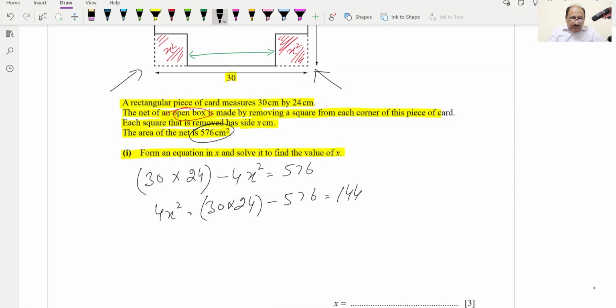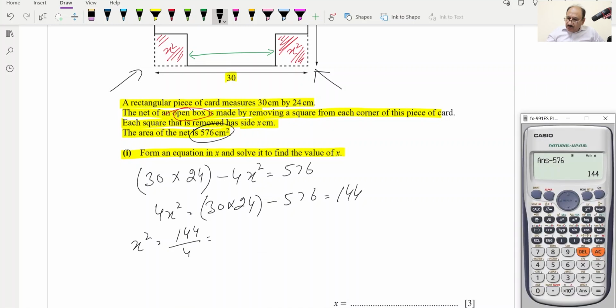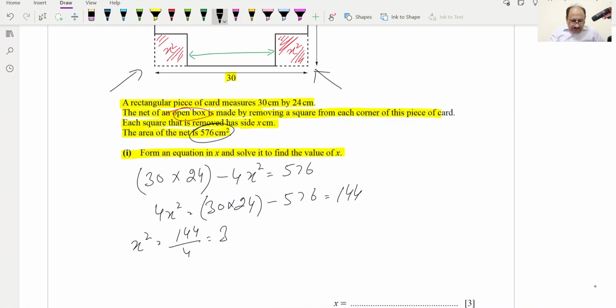So 144 will be 4x square value. So x square will be equal to 144 over 4, which is 36. So x square is equal to 36. This implies x will be equal to plus minus root 36, which is equal to plus minus 6.